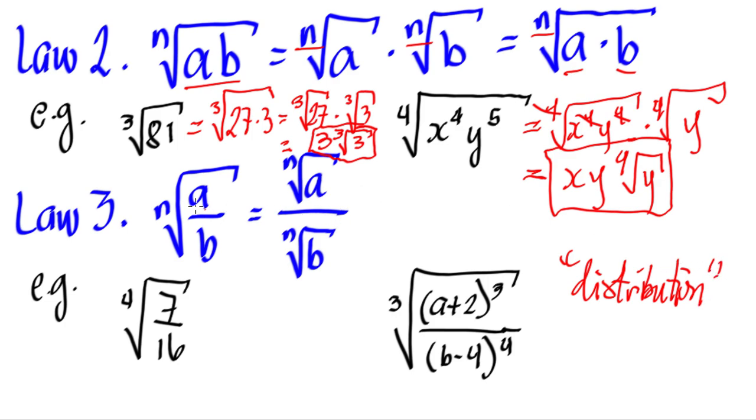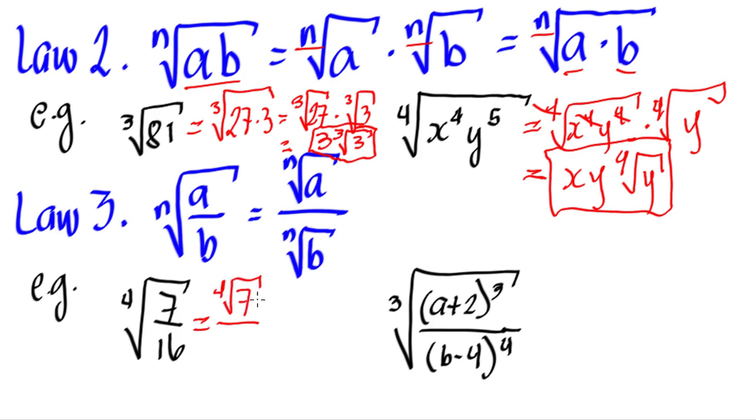We can distribute the radical sign to the numerator and the denominator. Just take note we are copying the indices. It should be the same, and the radicand, the numerator will be that, the denominator will be that. If we apply this in our example down below, we will distribute the fourth root of 7 over here and the fourth root of 16 over here.